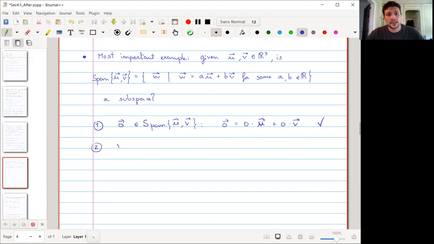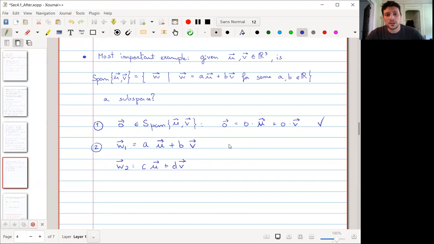Now let's take W1 and W2, two elements of the span of UV. So I'll write W1 as A U plus B V, and then I'll write W2 equals C U plus D V for some other scalars.